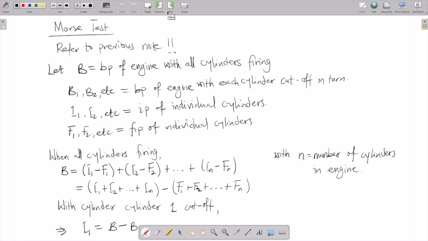Now, let us use B to refer to the brake power of an engine with all cylinders firing, where B1, B2, B3, etc. will be equal to the brake power of the engine with each cylinder cut off in turn. So B1 will be the brake power when cylinder number 1 is being cut off and all that.